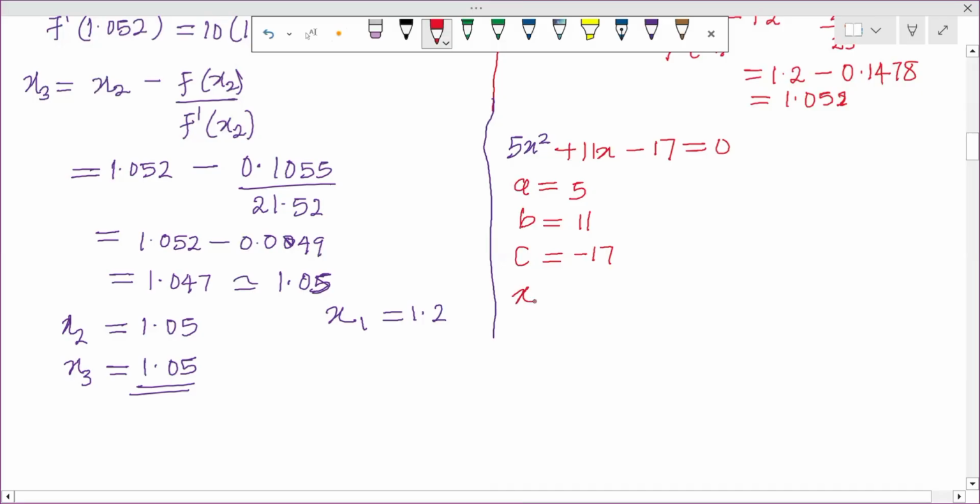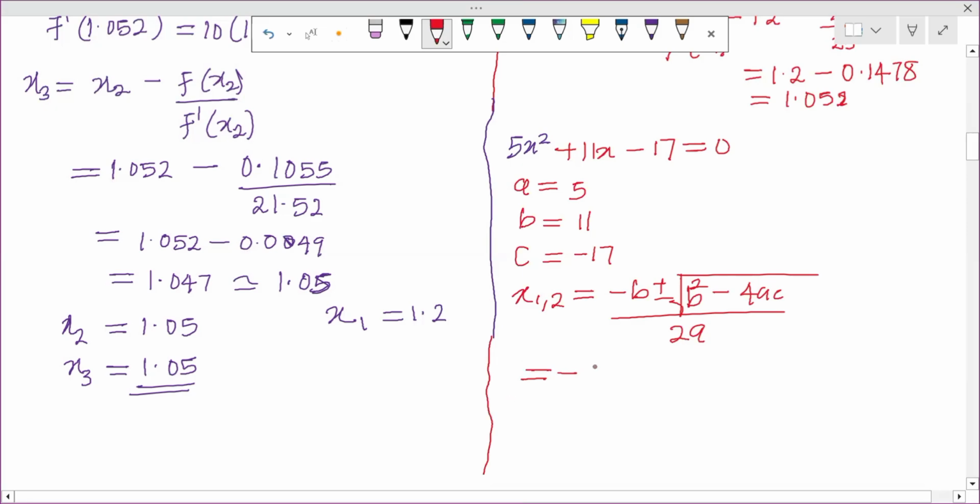So x1,2 is equal to minus b plus or minus root of b squared minus 4ac all over 2a. Now, when you do this, you're going to end up having minus 11 plus or minus root of 11 squared minus 4 times a, which is 5, times c, which is minus 17, all divided by 2 times a, which is 5.